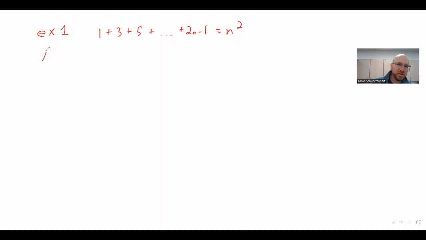So, number 1, my anchor. With my anchor, 1 is the left side, and it does equal 1 squared. That is true.